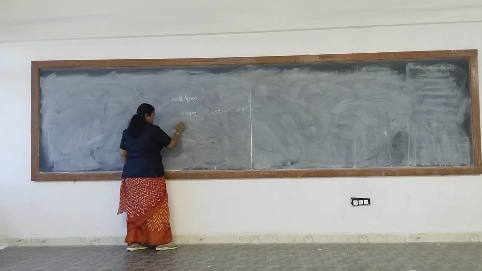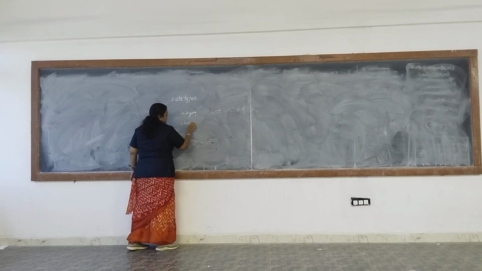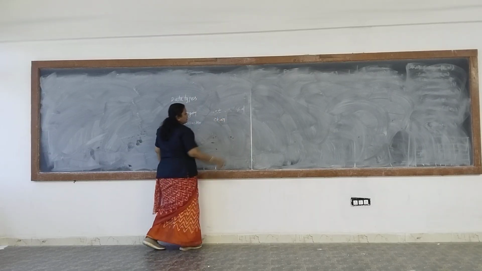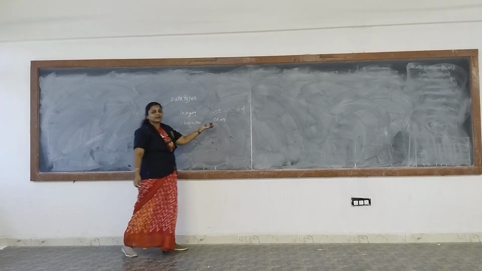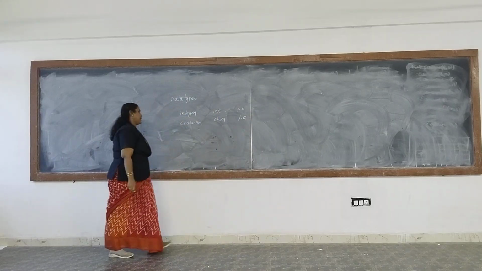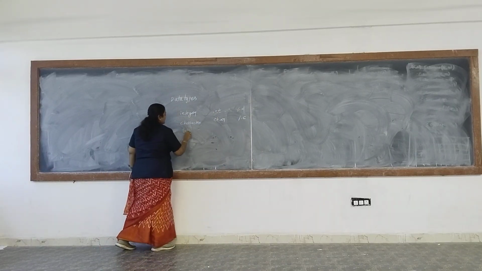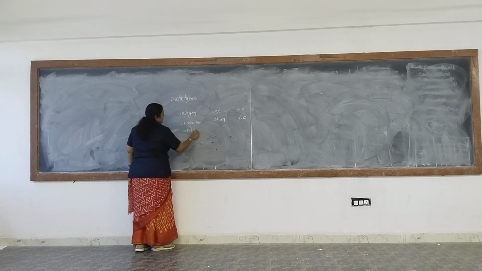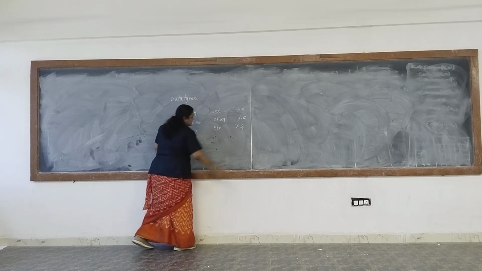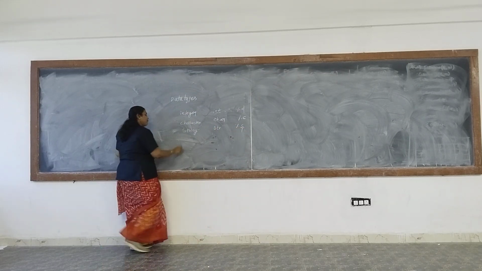Then character, using char, represented as %c. And then string, using str, with %s.